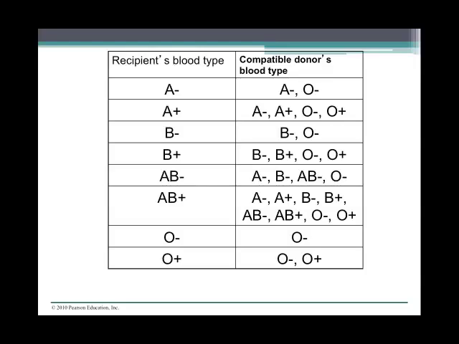So look down at the column at AB blood type. Negative, positive, doesn't matter. And notice on the right all the blood types that person can donate. So AB is the universal recipient and O is the universal donor.